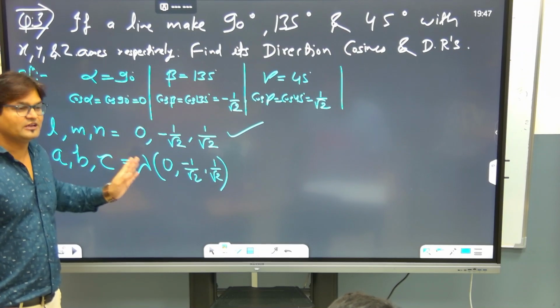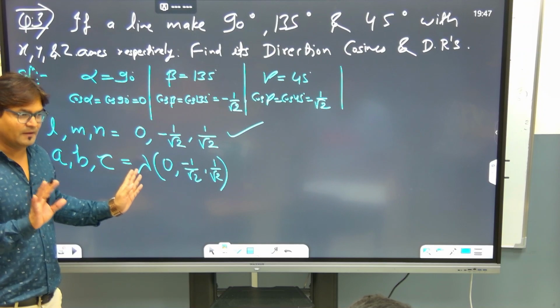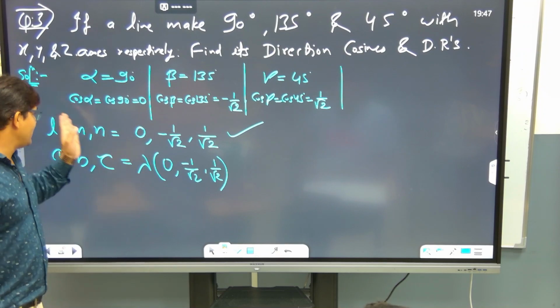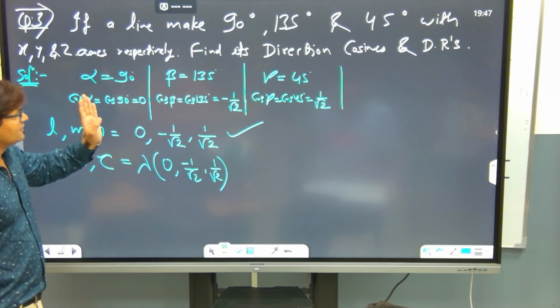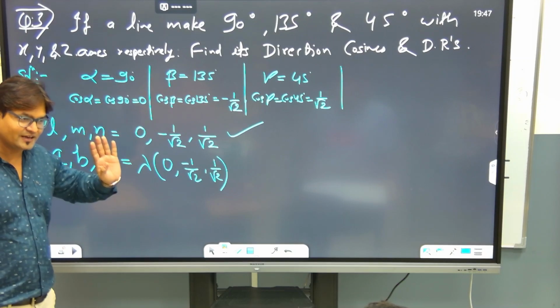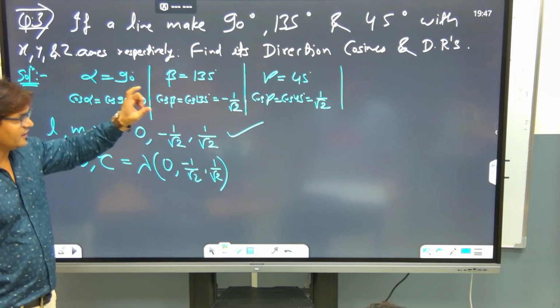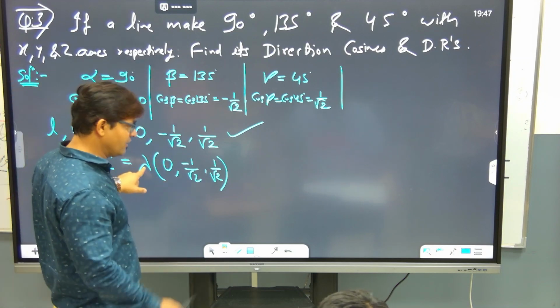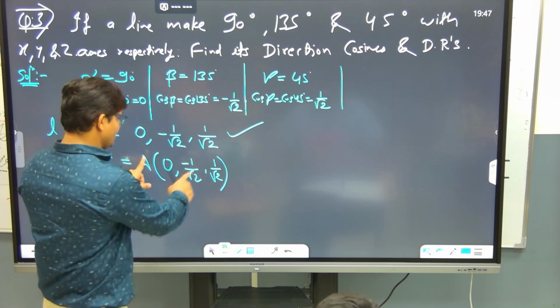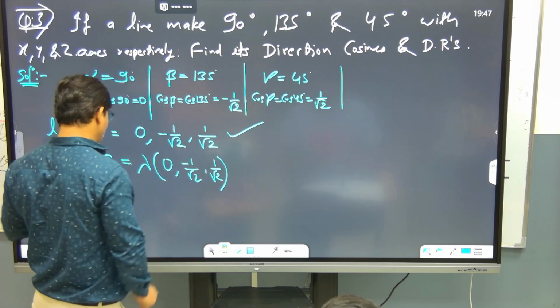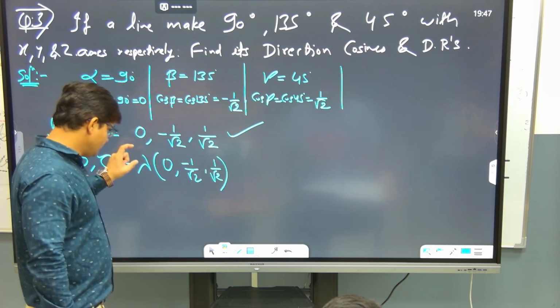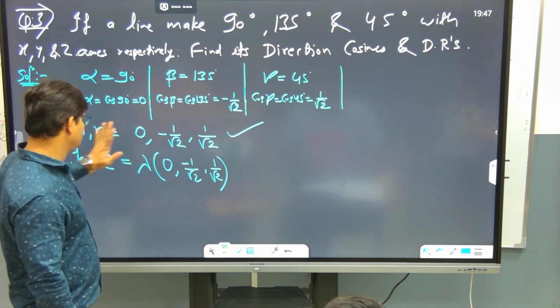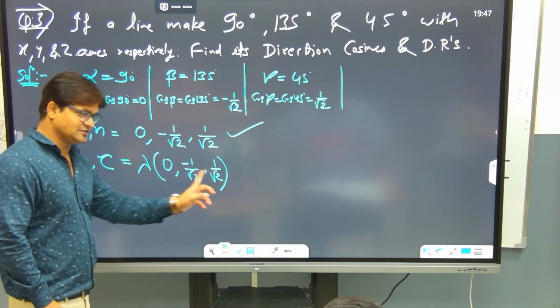We can take lambda as 1 also. Lambda may be anything, so the direction cosine a, b, c is also a direction ratio. When we divide by the magnitude, and lambda is the magnitude, it cancels out. So we can take any value, but in this case we write where lambda is some scalar quantity.